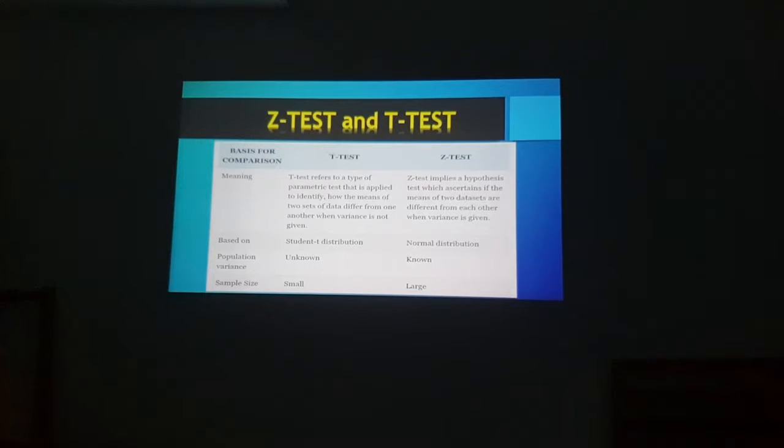One of the most important conditions for adopting the t-test is that the population variance is unknown. Conversely, the population variance should be known or assumed to be known in the case of a z-test. The z-test is used when the sample size is larger than 30, and the t-test is appropriate when the sample size is small, in the sense that it's equal to or smaller than 30.